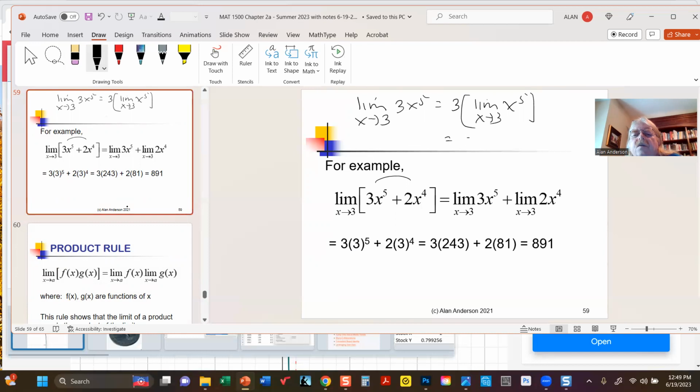And so you've got 3 times 3 to the fifth, which is 3 times 243, which is 729.